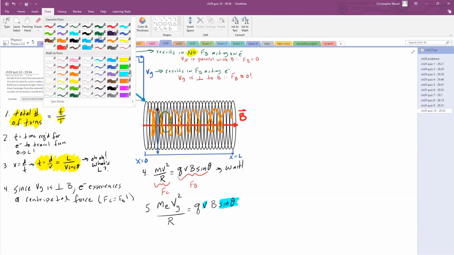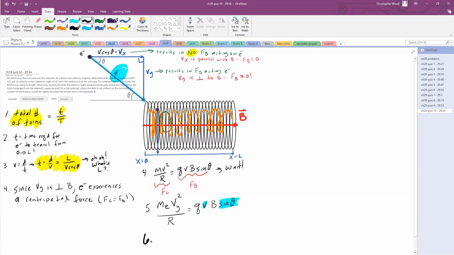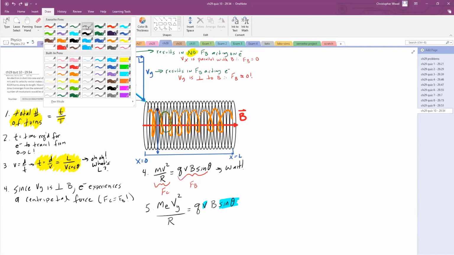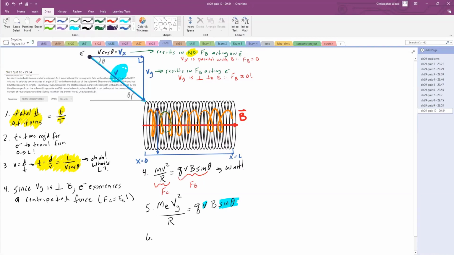Still not seeing big T, but I think I might know where big T is hiding. I'm just going to do another one, number 6. I think big T is hiding in that velocity term. So let's see, mass of an electron times V sub y, and I'm going to write V sub y is V sine theta because of trig.